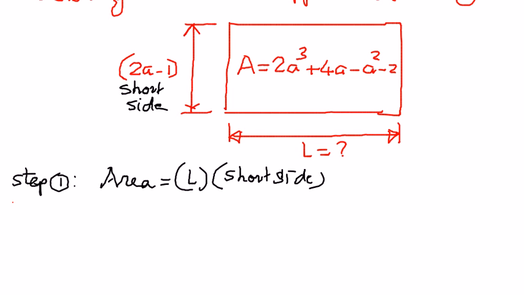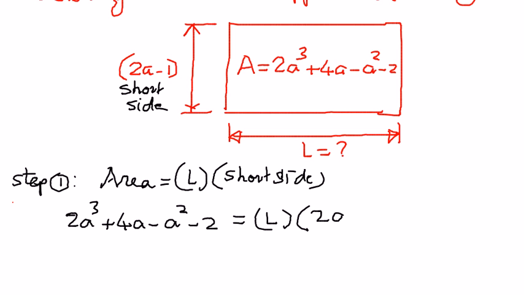And since the area is given to us as a polynomial, let's write that. 2a cubed plus 4a minus a squared minus 2 is equal to L times the short side, which is 2a minus 1, like that. We want to find the length, the long side of this rectangle.